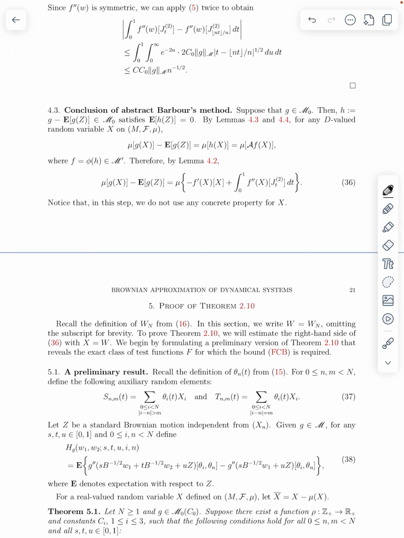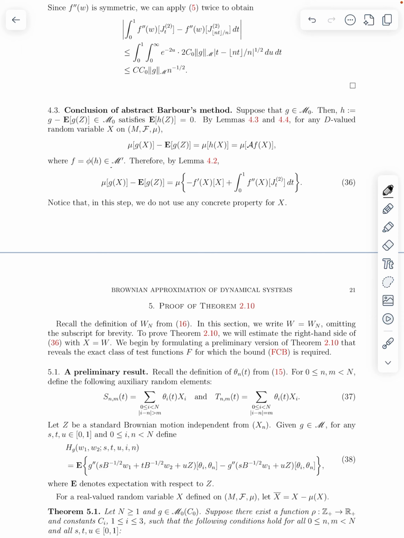And so by this previous result, for any d-valued random variable X, we know that there is f in M prime such that it's equal to this h, which is, of course, again constructed via this resolvent-like construction.